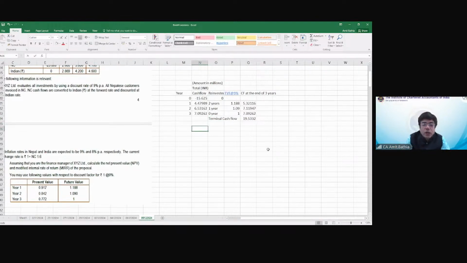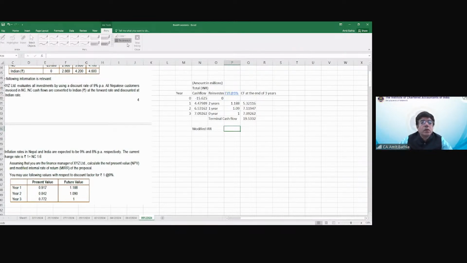So how do you calculate your modified IRR? Modified IRR is going to be terminal cash flow. How do I go about calculating this?